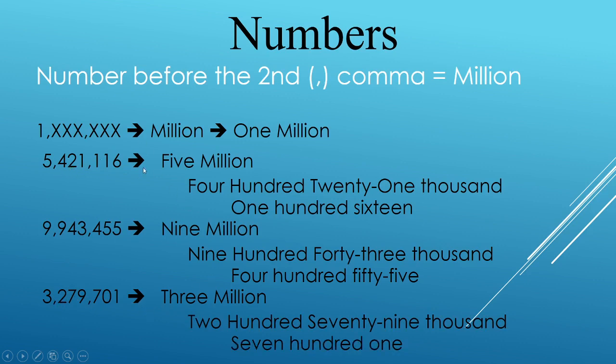See how with this number, the second comma we add million, the first comma we add thousand, right? 5,421,116. 9,943,455. 3,279,701.